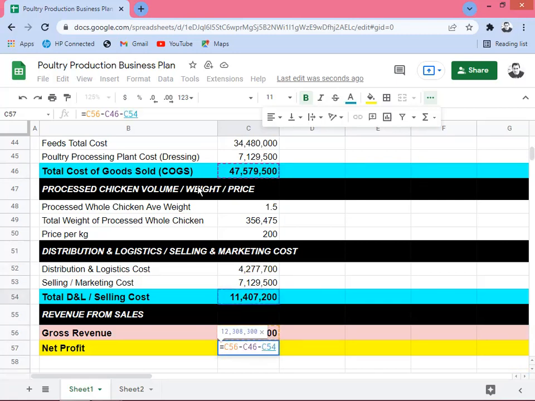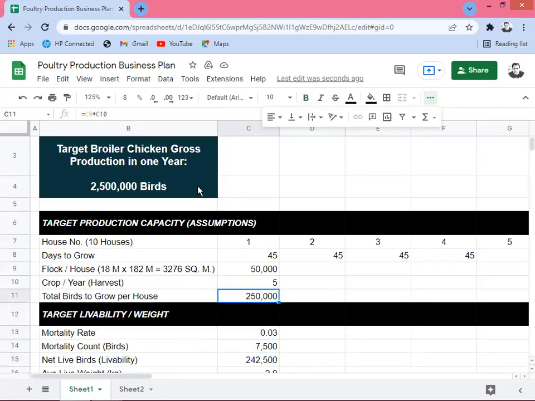All right. So there you have it. This is our net profit for one house, our farmhouse of 250,000 output, from five crops with a flock number of 50,000 in one house.